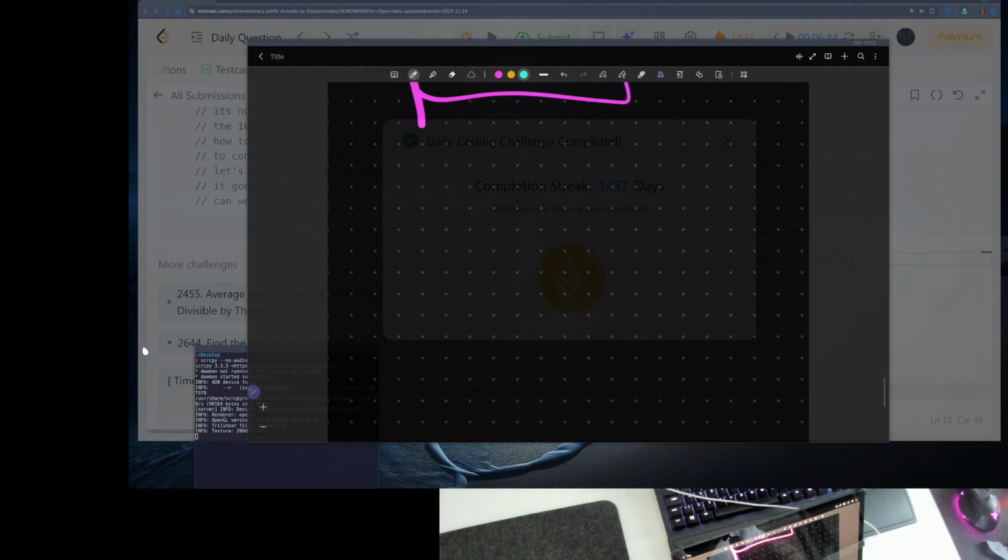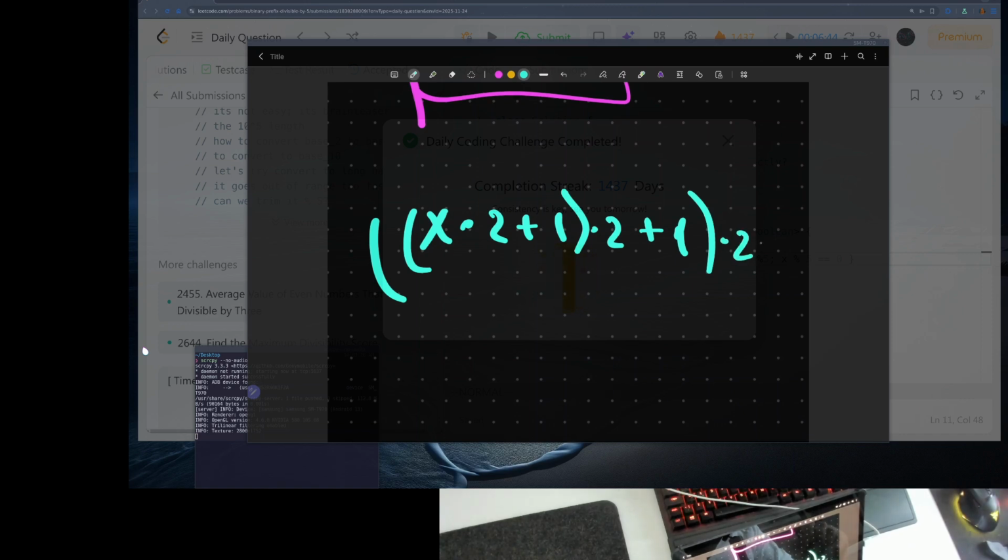That gives us an equation like x times 2 plus 1, times 2 plus 1, and so on, plus 0. And each time we want to find if it is divisible by 5 with a modular operation.